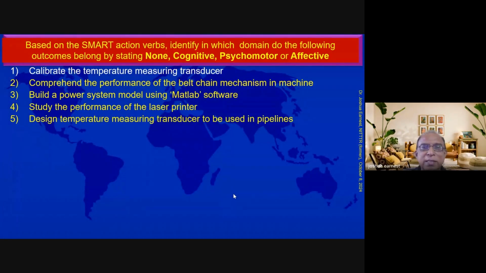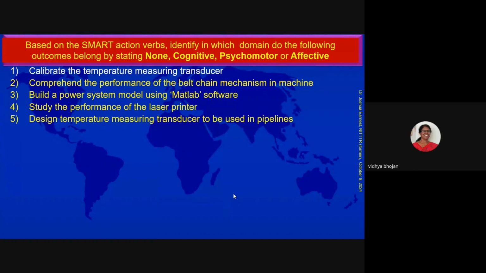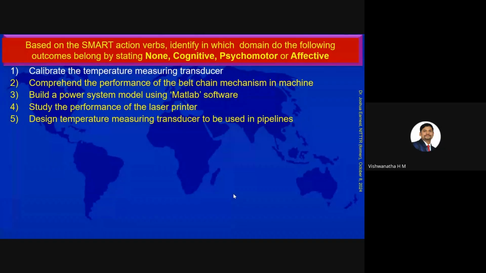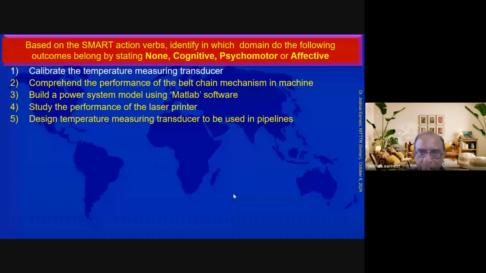Design temperature measuring transducer to be used in pipelines. We are all teachers. We should be sure that only we can tell the student. Cognitive. If the student is designing the temperature measuring transducer in the lab, it is psychomotor domain. If he is doing it on pen and paper, then it is cognitive domain.